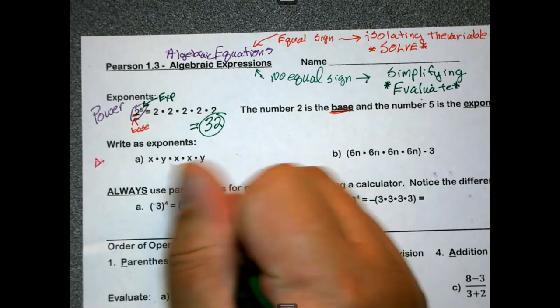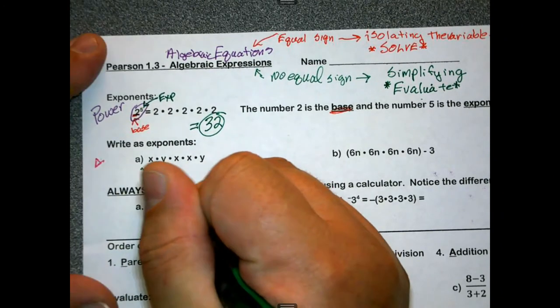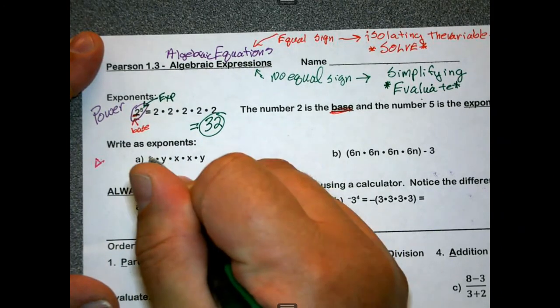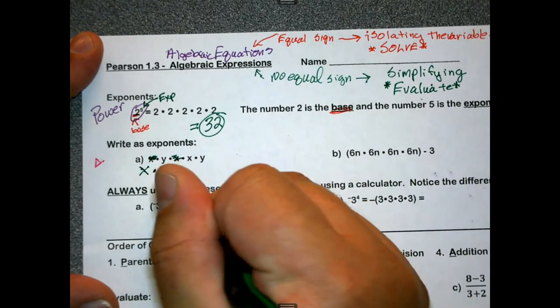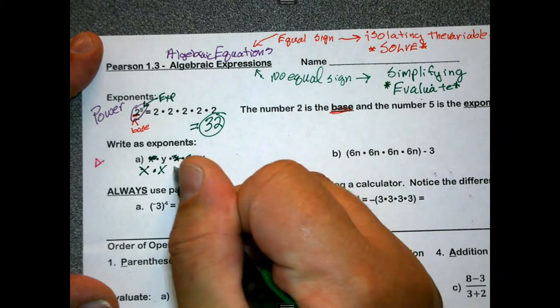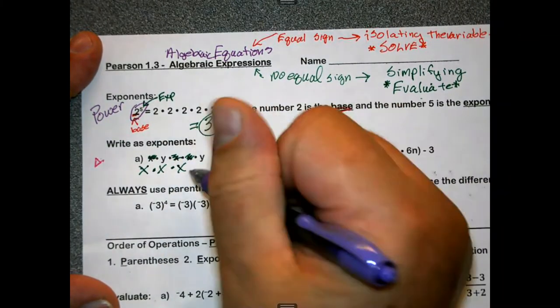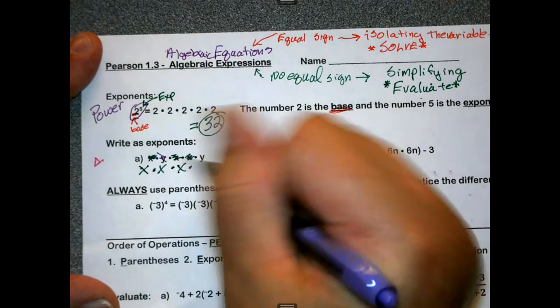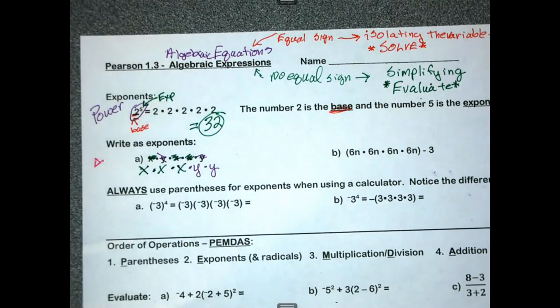So because it's all multiplication, I'm going to group my x's together. I got one x here, I got an x here, I got an x here, and then I've got a y here, and I got a y here. So I group my x's together and my y's together. Now, again, this is an easy problem.